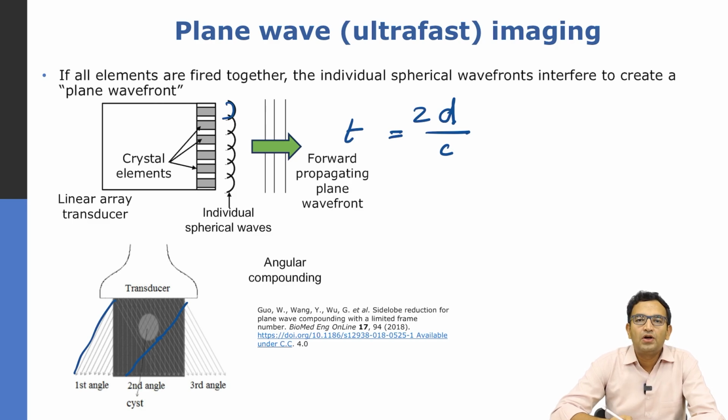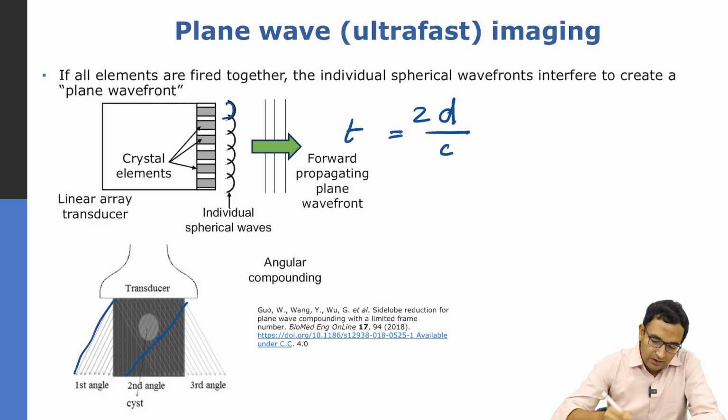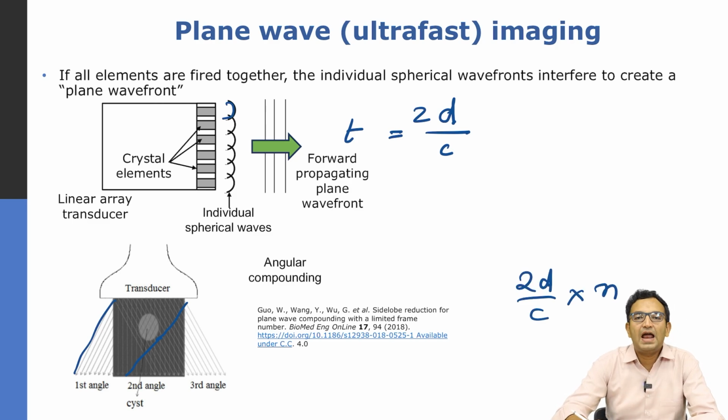When we do that, we improve the axial resolution, and we also improve the signal to noise ratio. Now, the total time taken is going to be 2d by c times n, where n is the number of compoundings you are performing. If you are compounding 3 firings, then it will be 3. If you want to do 7, it will be 7.